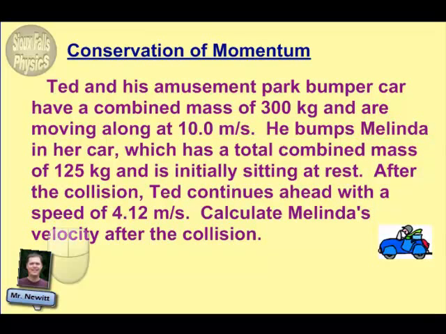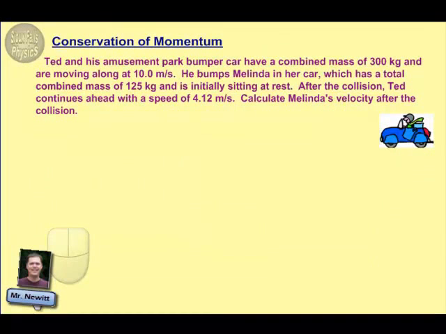So, key thing here, as the title says, is this is a conservation of momentum. Remember, for any collision, momentum must be conserved. We cannot lose, we cannot gain momentum as a result of a collision.